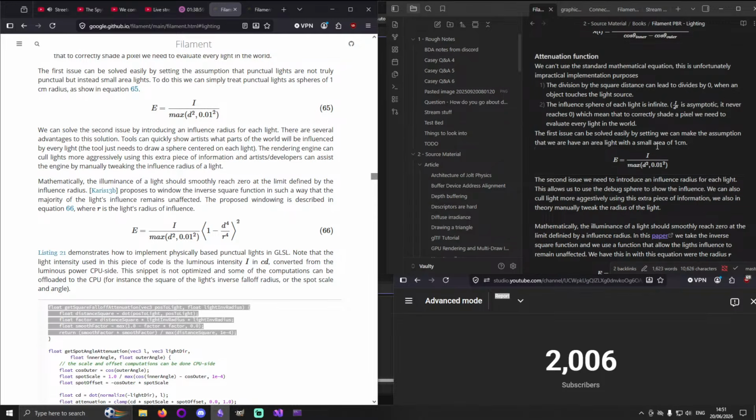We make sure that originally this function didn't have any of this in here. But we need to make sure that we don't get a division by 0 where distance is equal to 0. And I believe 0 to the power of anything is 0, because 0 times 0 is equal to 0.